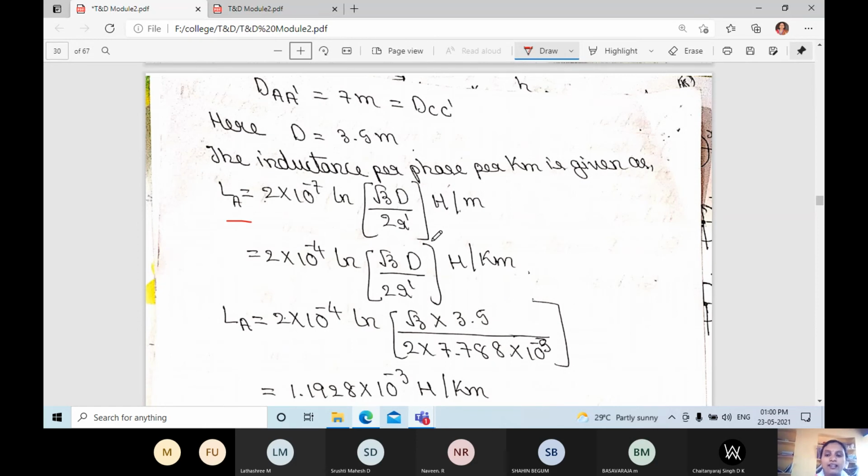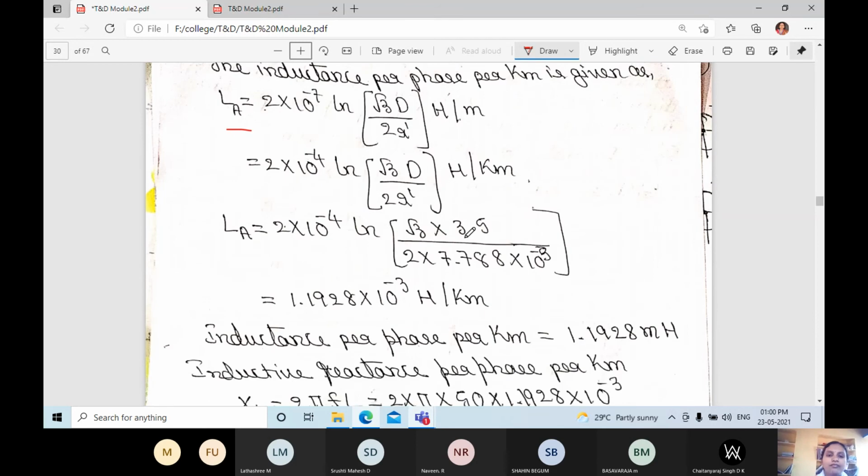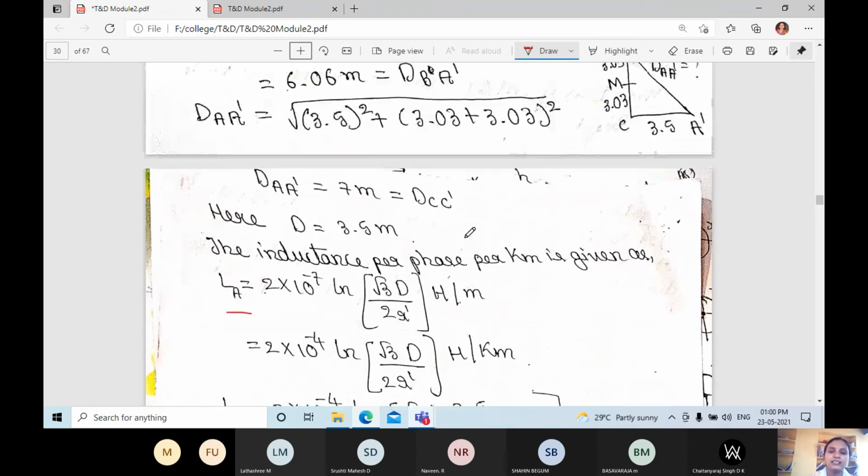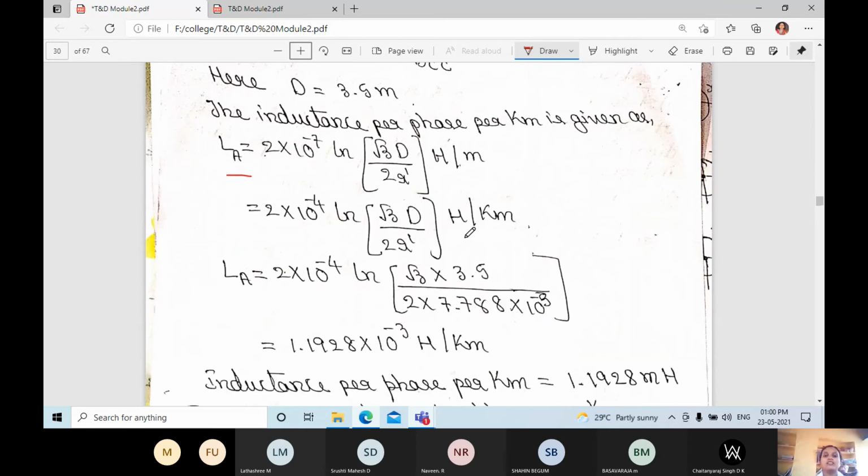We know the value of D is 3.5. Instead of finding so much here, we just need to know the value of D.